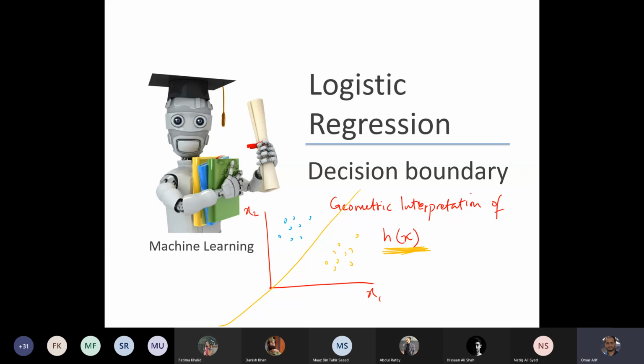Again, since we are in the linear domain, we have not changed that. So this will give us a linear boundary which is going to separate one class from the other. Everything that lies on one side of this decision boundary would be one class, and everything on the other side would be the other class. We will see how this decision boundary is formed if we know the parameters.